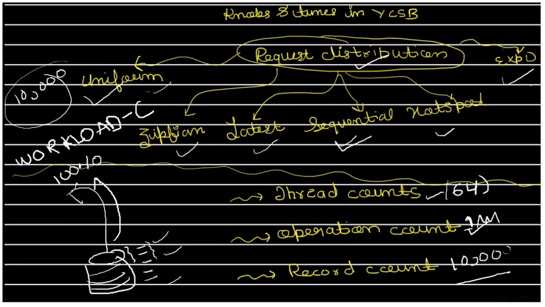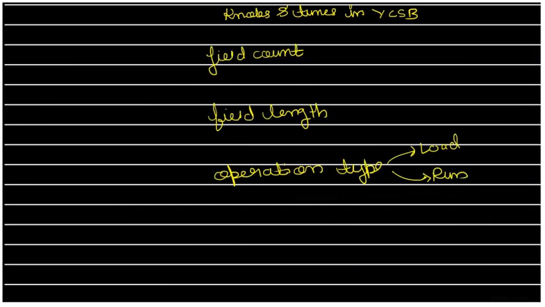Now we have other parameters also, like field count, field length, and operation type. Field count means how many fields should be in a database row. Suppose I am inserting 10 records in the database and I put field count equals 7. It means all the 10 records will have 7 columns.